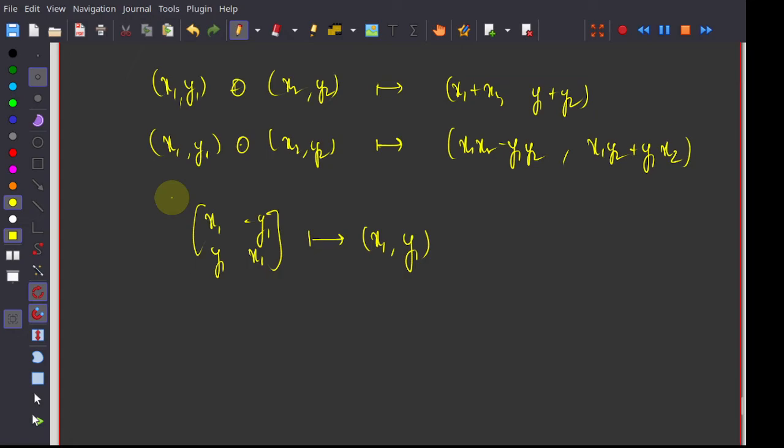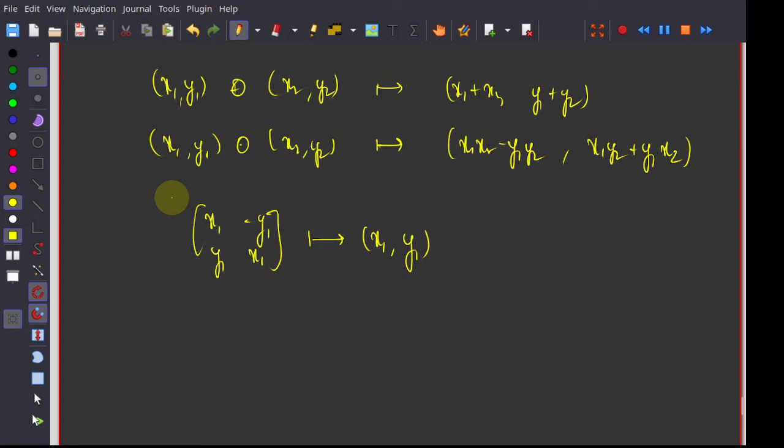I have a pair x1 y1. Addition is just component-wise addition. But now I'm multiplying x1 y1 with x2 y2. I'm getting x1 x2 minus y1 y2 and x1 y2 plus y1 x2. You've seen this in... exactly, complex numbers.